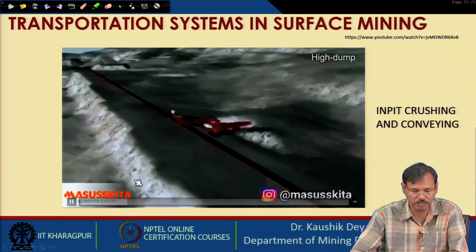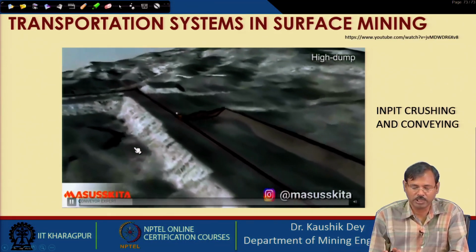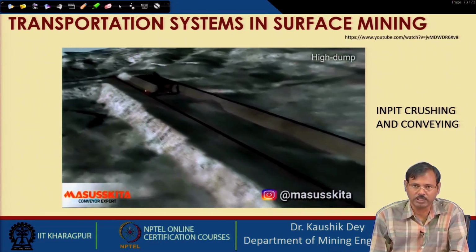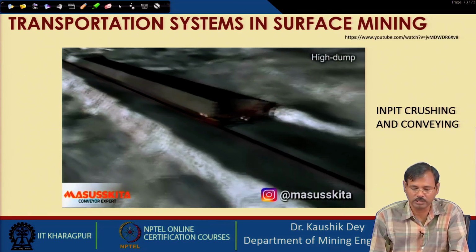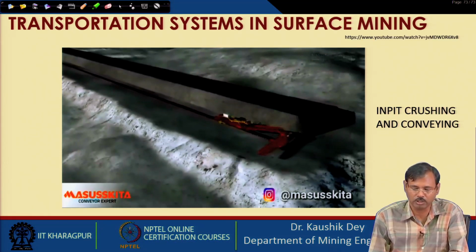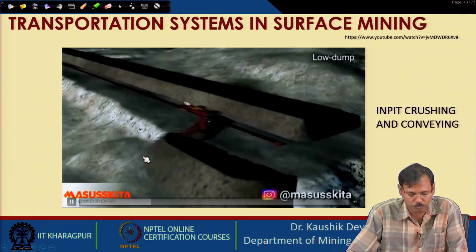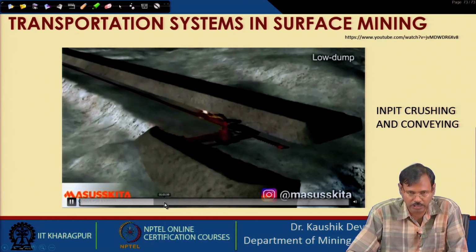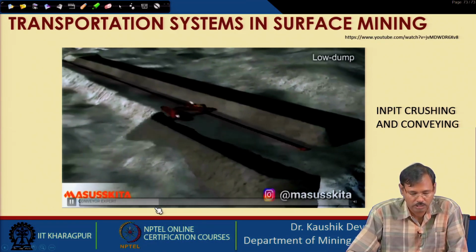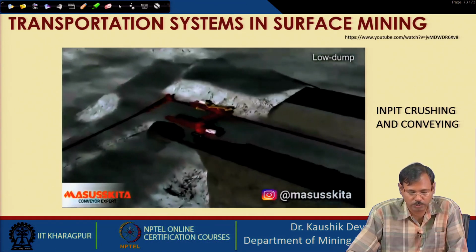After the blasting, the material is taken into the crusher, reduced in size, and then conveyed. This is the in-pit crushing and conveying system, used for transferring the material.